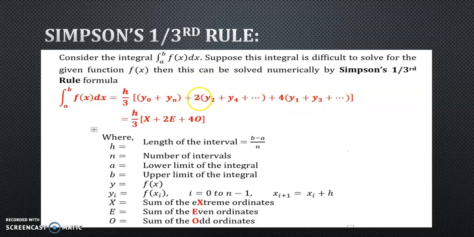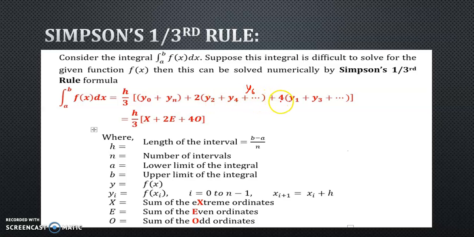So 2 times which terms? 2 times the terms of y where the subscript is a multiple of 2, even numbers. So y0 plus yn plus 2 times (y2 plus y4 plus y6, etc.) up to the last value of y which is a multiple of 2.